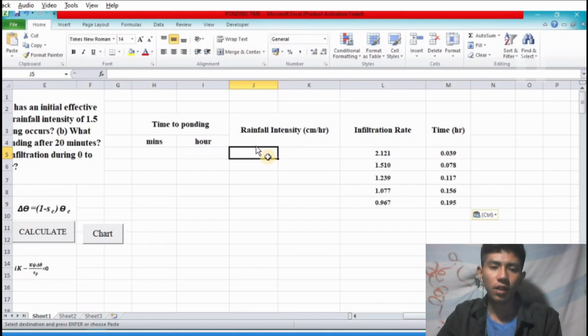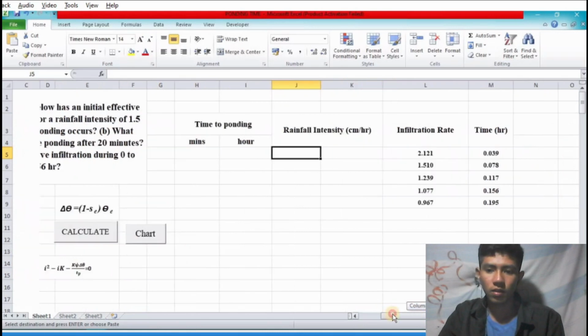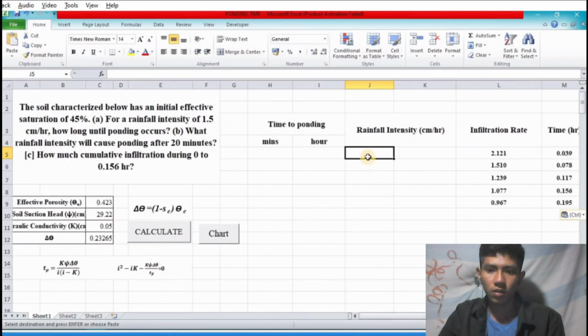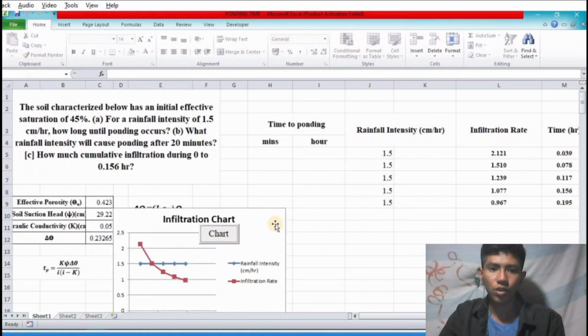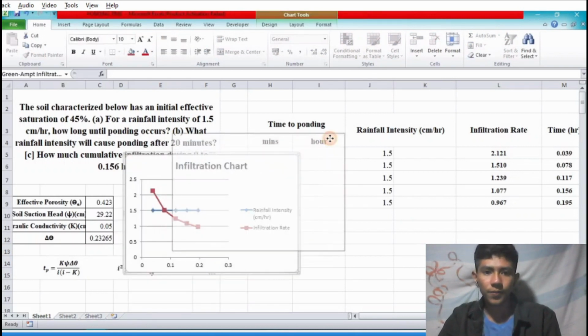If the intensity is 1.5 centimeter per hour, let's create a chart. You can see this chart here.